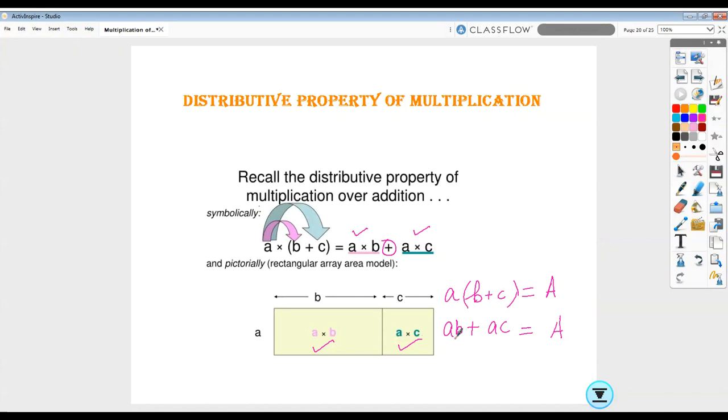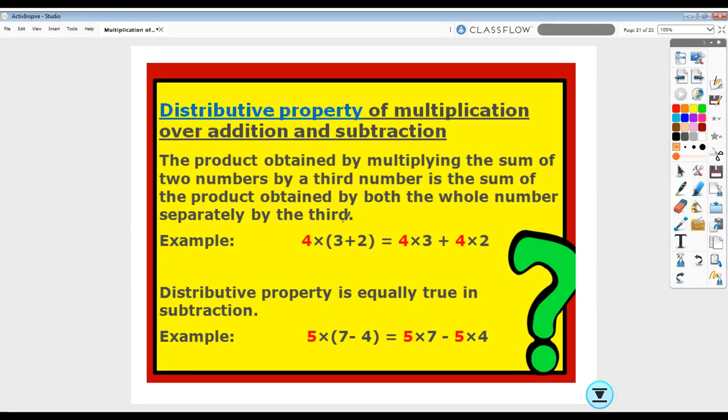So we know that a into (b plus c) is the same as ab plus ac. In words, we can say that the product obtained by multiplying the sum of two numbers by a third number is the sum of the products obtained by multiplying both the numbers separately by the third.